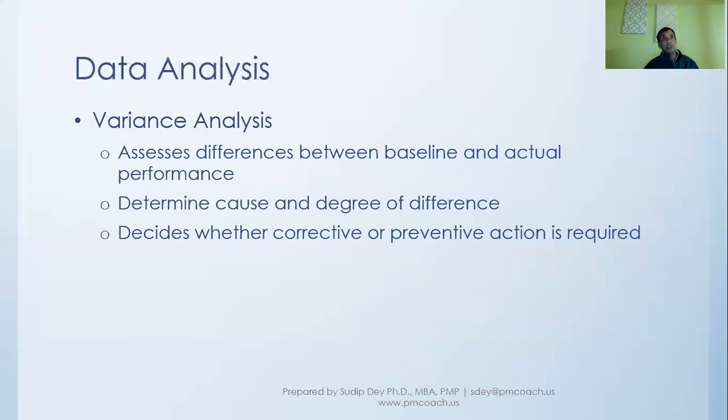In other words, what is there in, for example, the scope baseline, and what is it that we have actually delivered so far at this point in time, because this control scope goes along with the project as we go with the execution. And if there are differences, we try to find the cause and the degree of differences, and what kind of action needs to be taken, corrective action or preventive action.